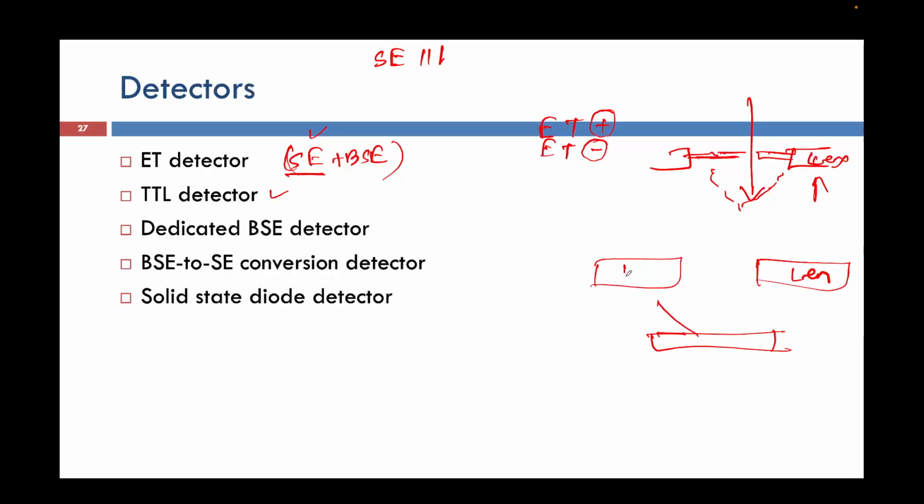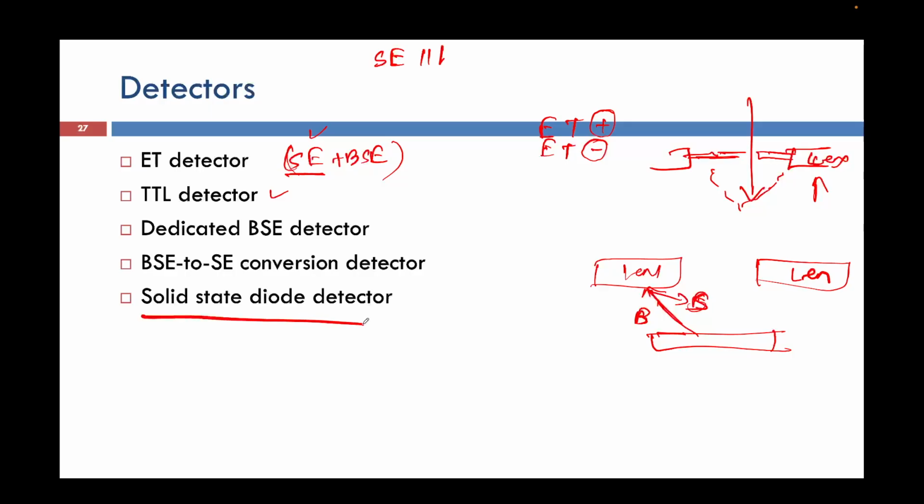In this process, what will happen? Some electrons will lose their energy and then convert to SE. For that, some detectors are made, which are called backscatter to secondary electron conversion detectors.